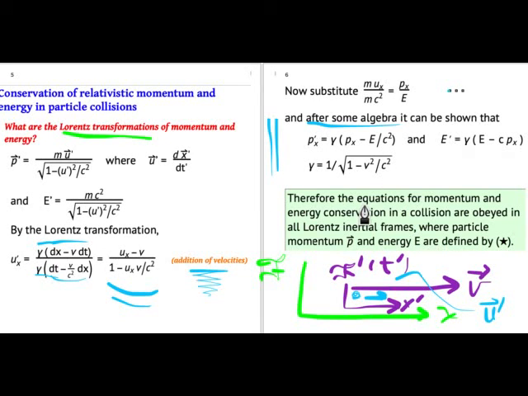So therefore, the equations of momentum and energy, or rather for conservation of those quantities in a collision, will be obeyed in all inertial reference frames as long as the particle momentum p and energy E are defined by those starred equations.